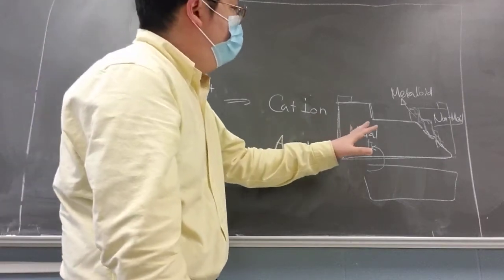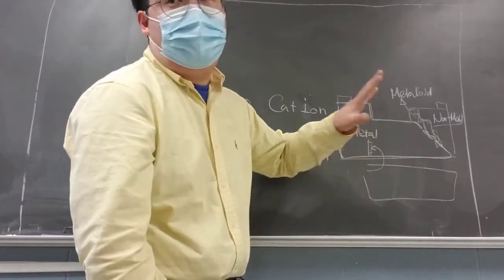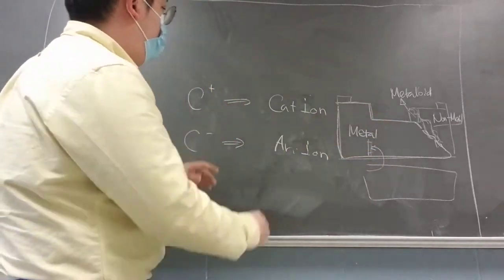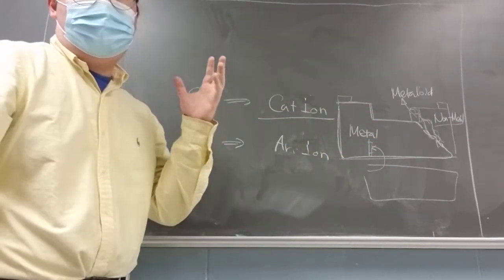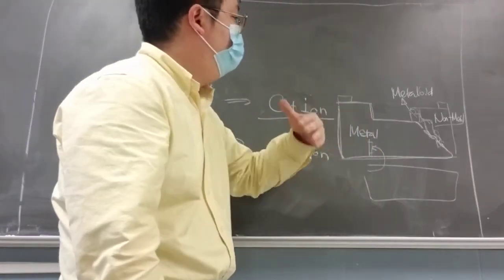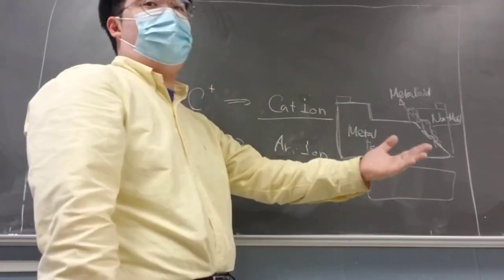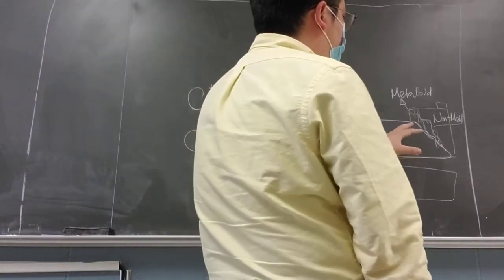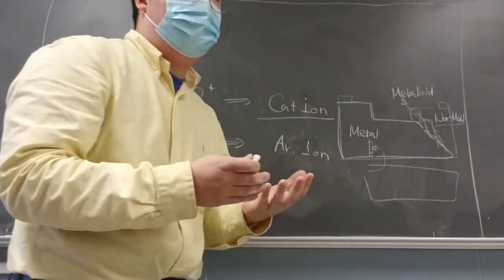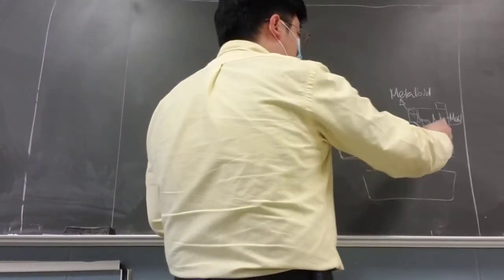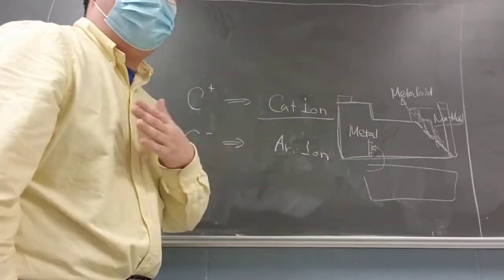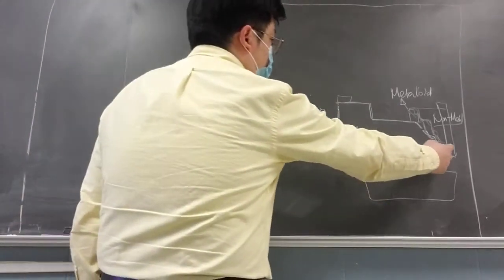Anyway, if that is the case, the only thing I want you to know is that the ones in the metal will tend to be cations, because they are ready to give up electrons. So they tend to lose electrons so they can be more stabilized. This is common for the metals, but the non-metals are the ones actually going to gain electrons, except the last column, which is the noble gas. They don't usually do anything in chemical reactions, except the last one.